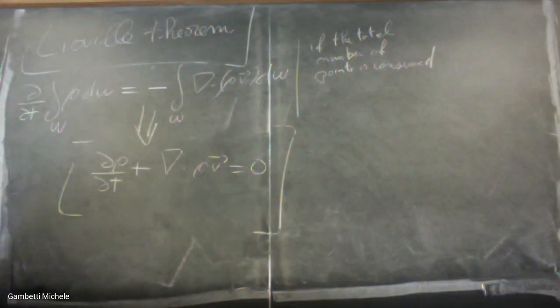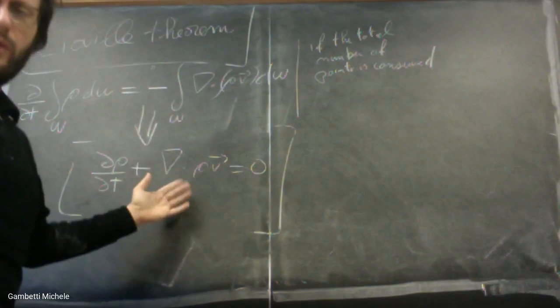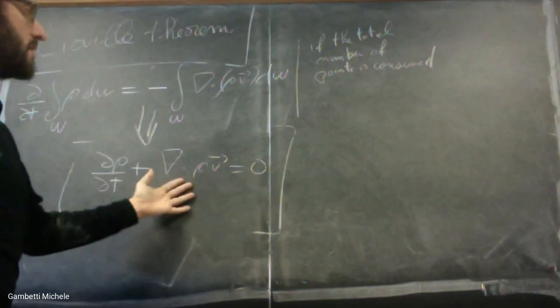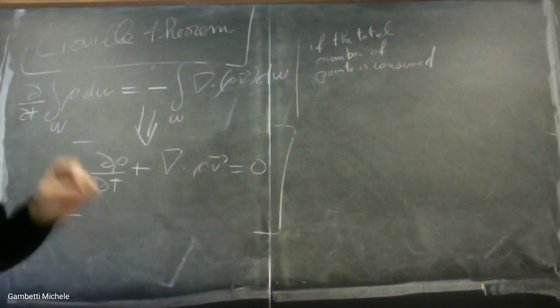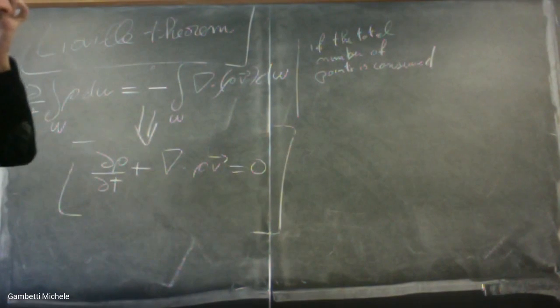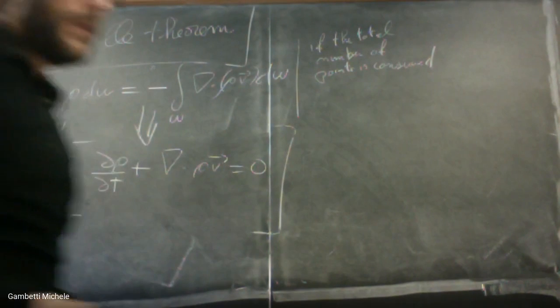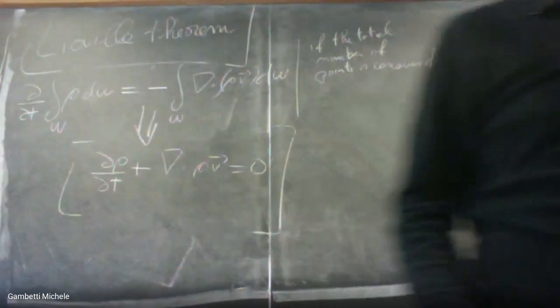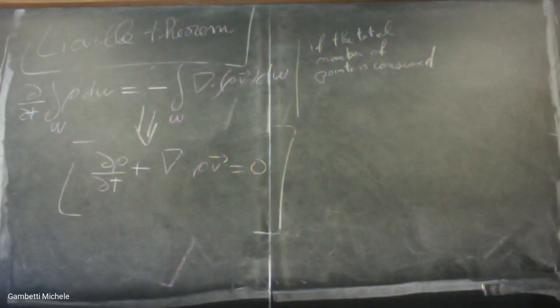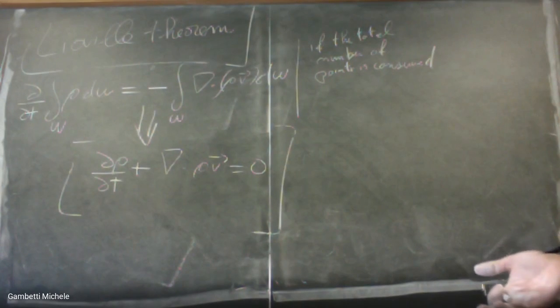Now, this is general, the standard form of a conservation equation. In this case, what I'm conserving is the number of points inside this volume omega. Why am I saying that this number is conserved? Because all of these points evolve with the normal Hamiltonian evolution.